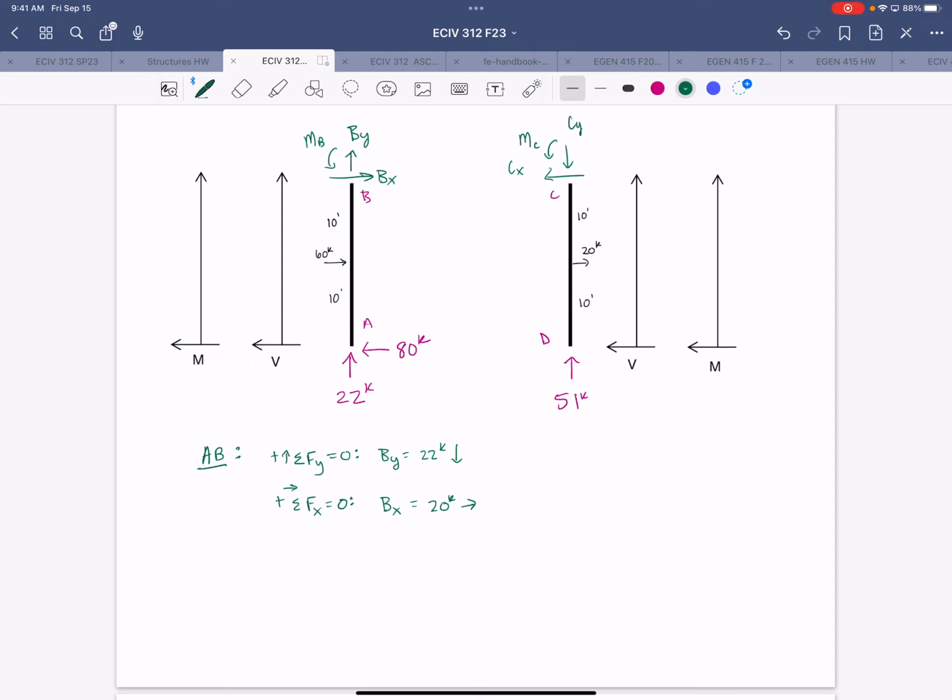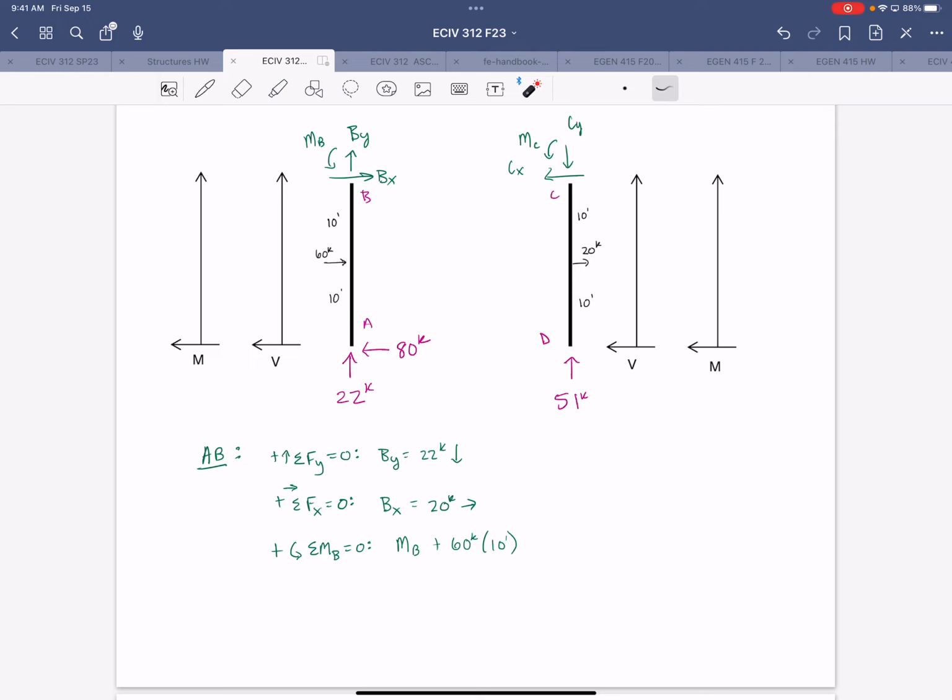And from summing moments about B, we have our unknown moment at B in the positive direction plus 60 kips times a moment arm of 10 feet, also in the positive direction.